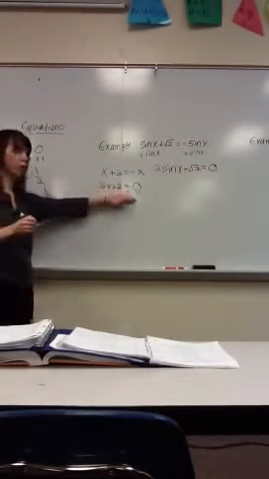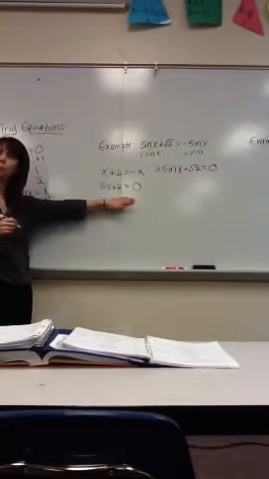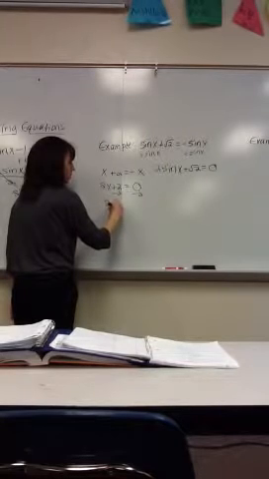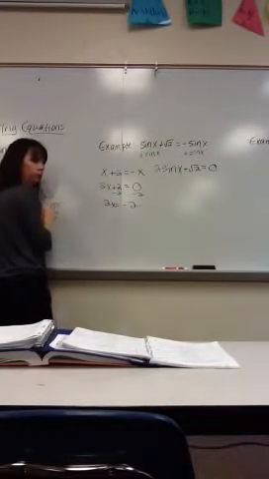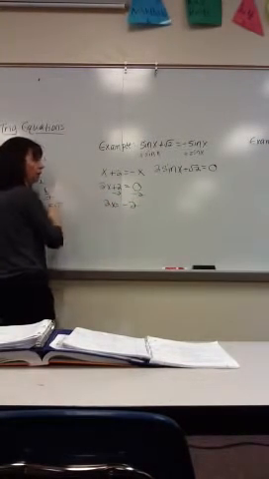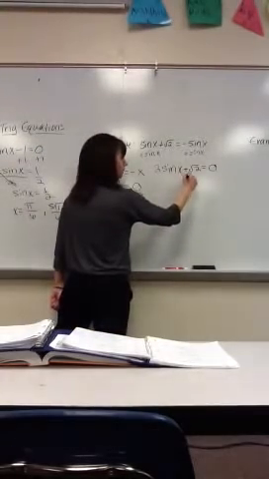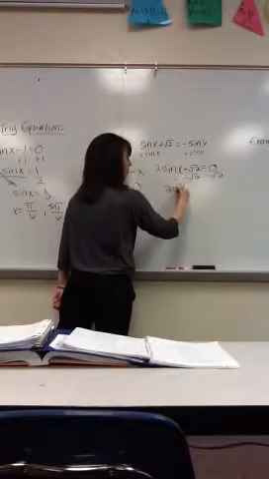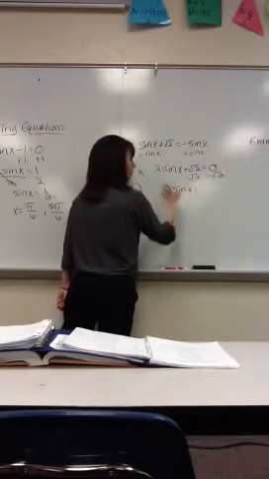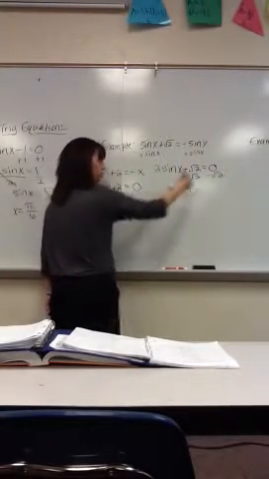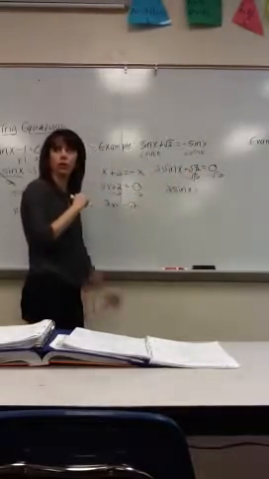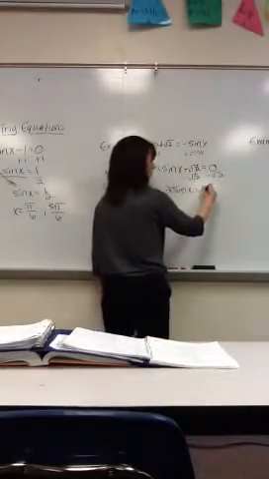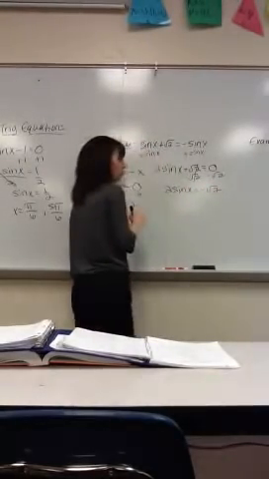So, going back to this, what would be my next step? Minus 2. So I have 2x is equal to negative 2. Correct? What am I going to do here? I'm going to minus the square root of 2. So I have 2 sine of x is equal to, these have canceled out, 0 minus the square root of 2 is the negative square root of 2.